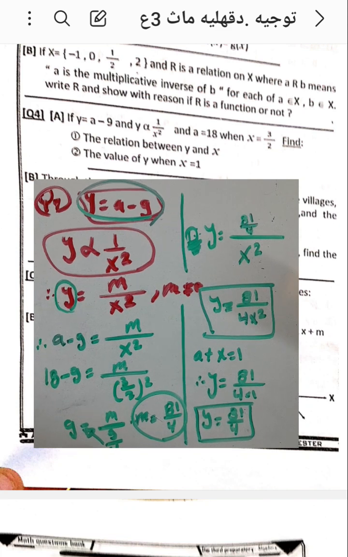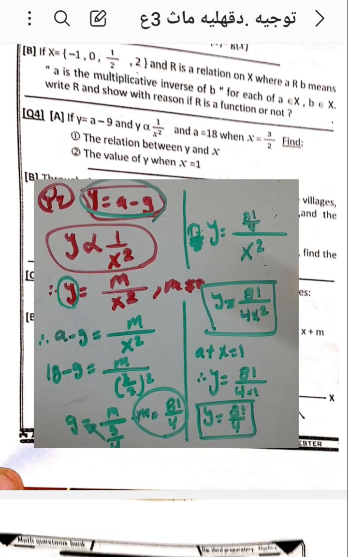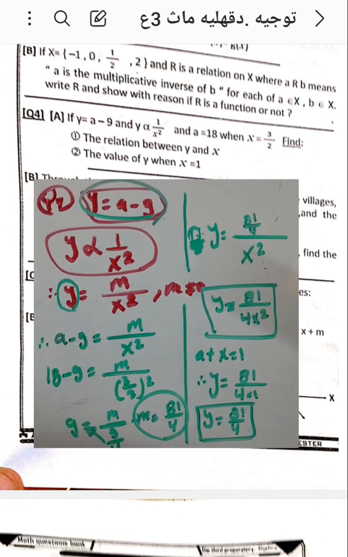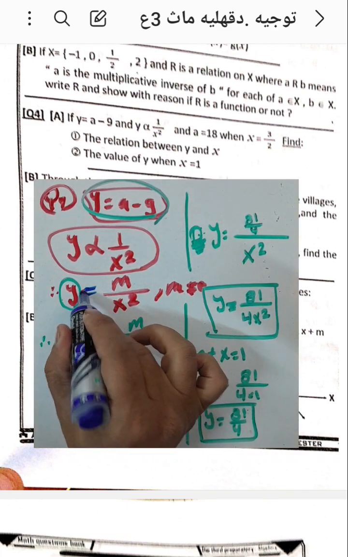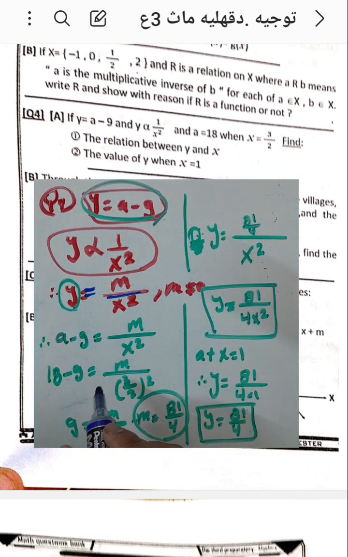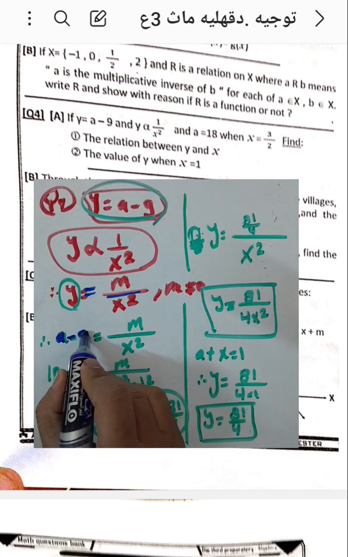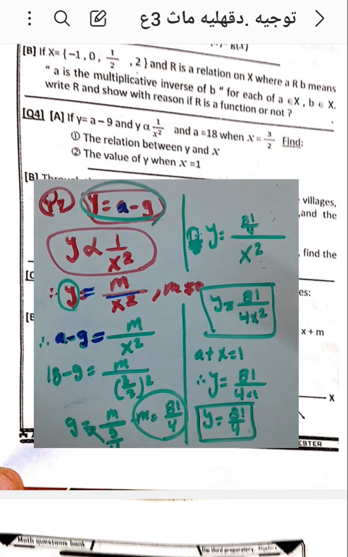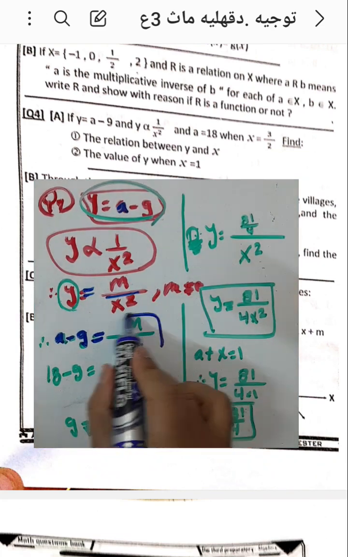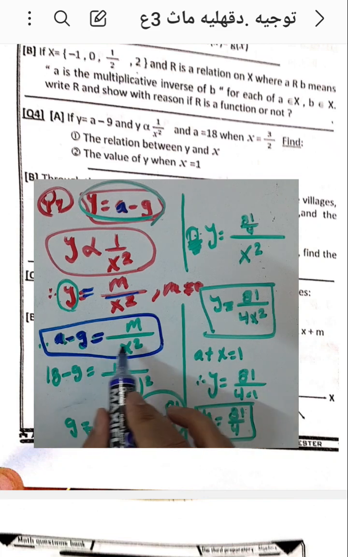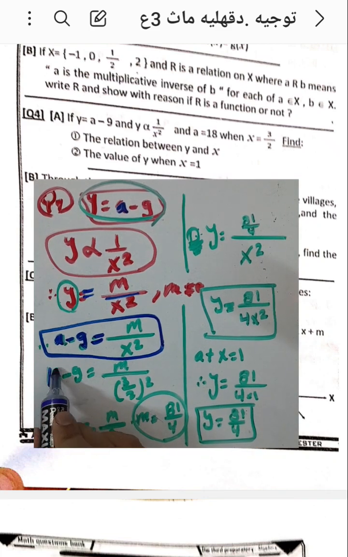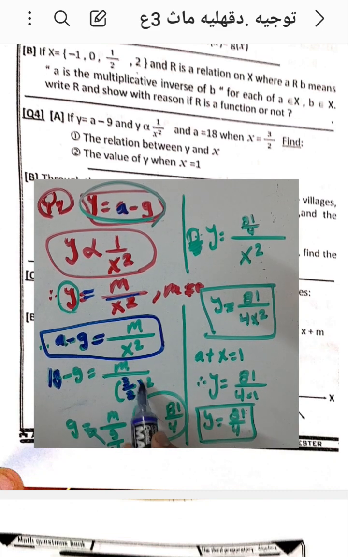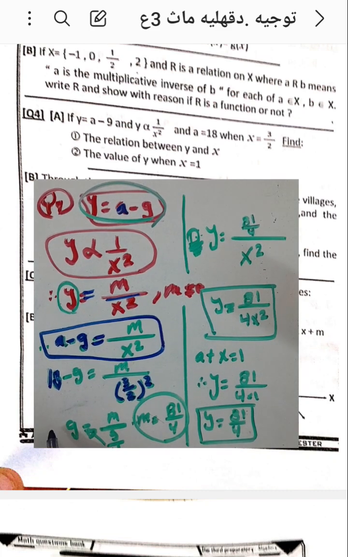Understood? Again, in this example, y equals m over x power 2, and we have here y equals a minus 9, and the relation between y and x power 2. Put a equals 18 and x equals 3 over 2 here.